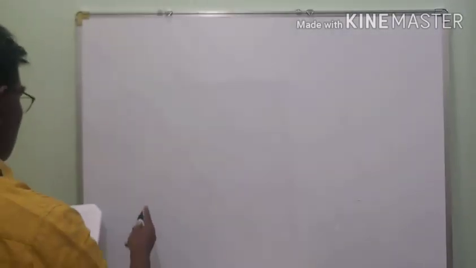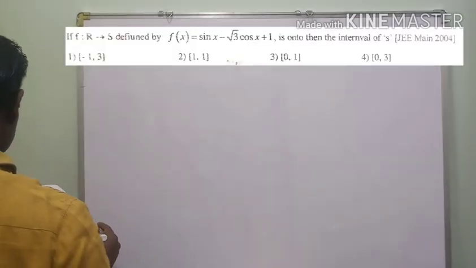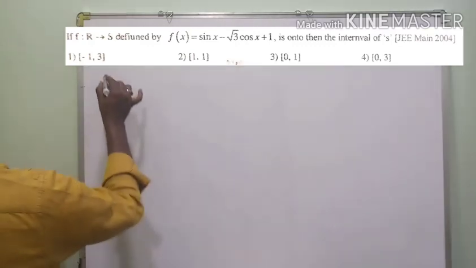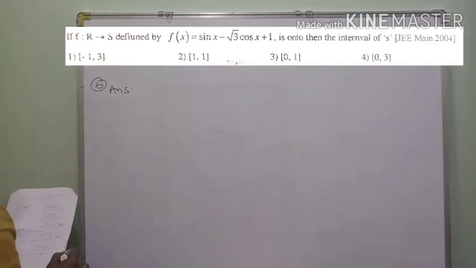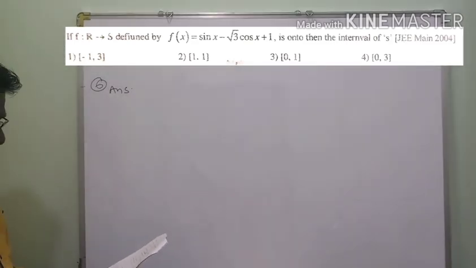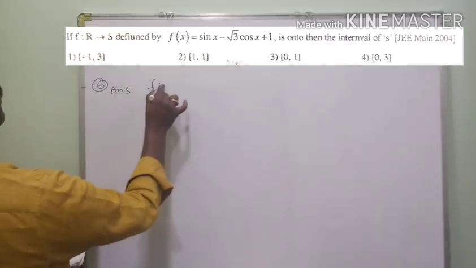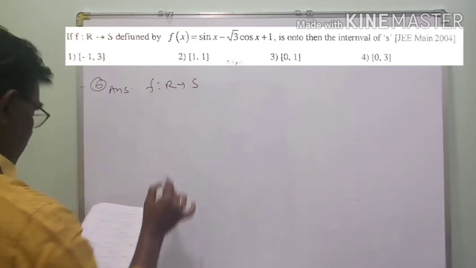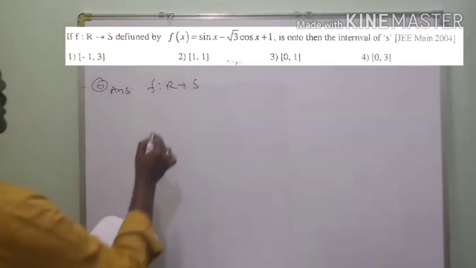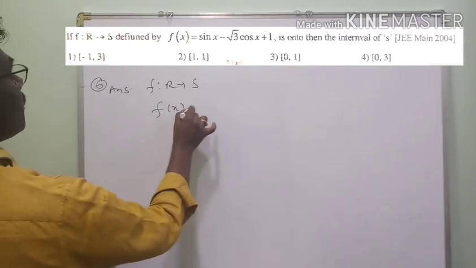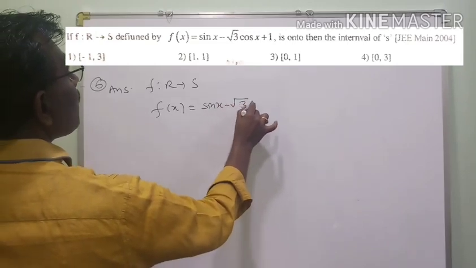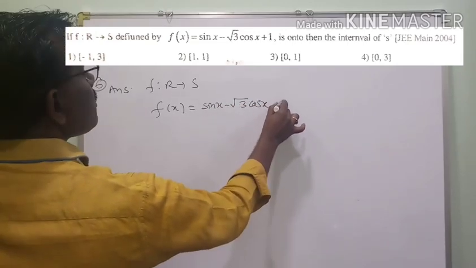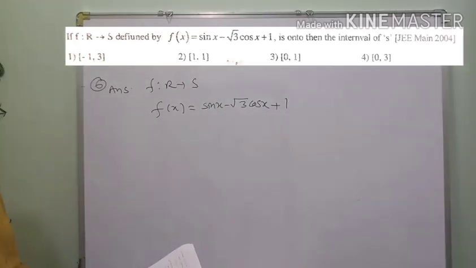Next, problem number 6. Sixth question answer. f from R to S defined by f of x is equal to sin x minus root 3 cos x plus 1 is onto.